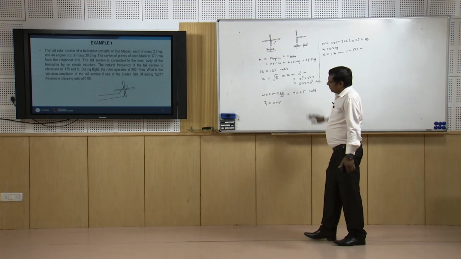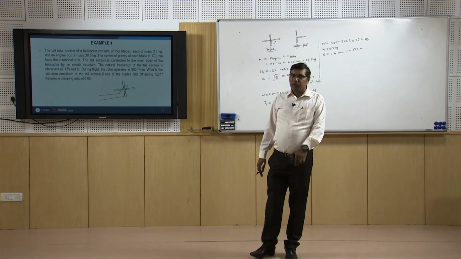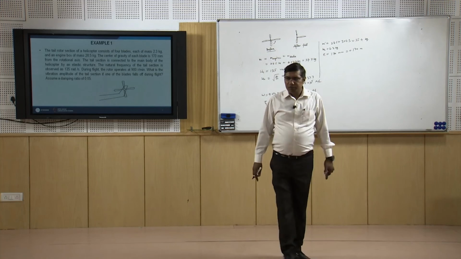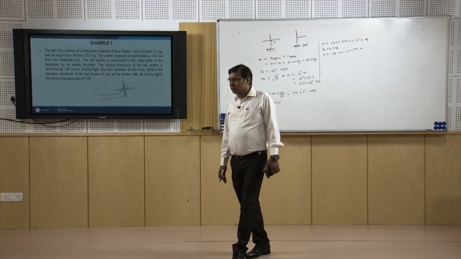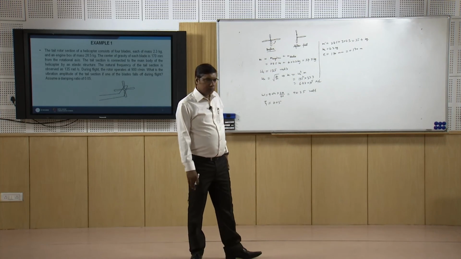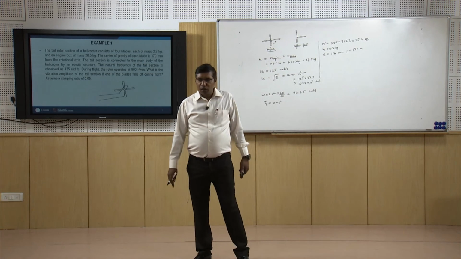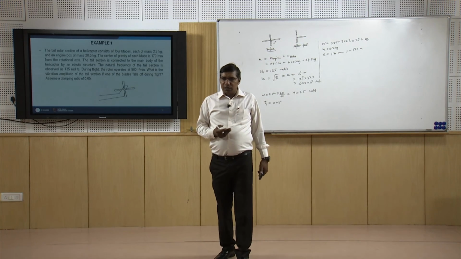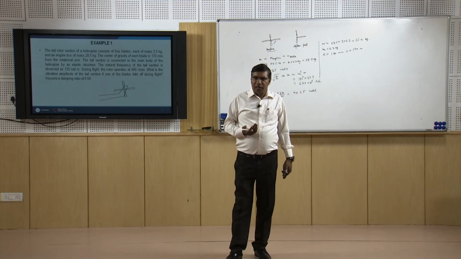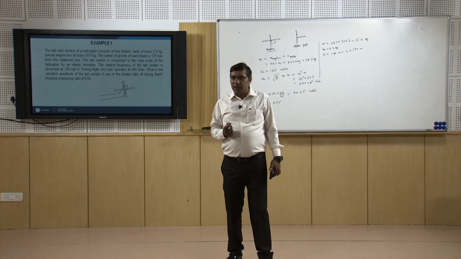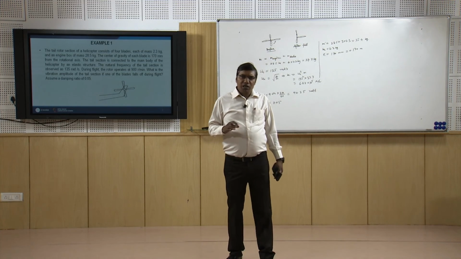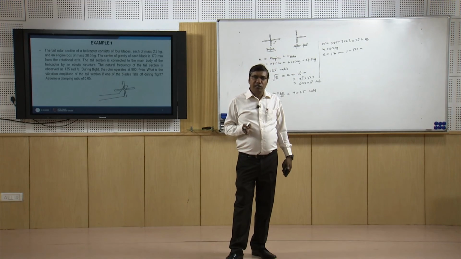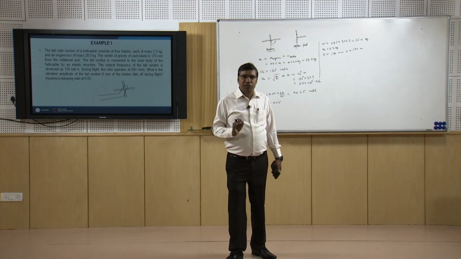Now the mass of the system is changed after the falling of the blade, and you know that the natural frequency omega n is equal to root k by m, and when mass is changed, definitely the natural frequency will change.